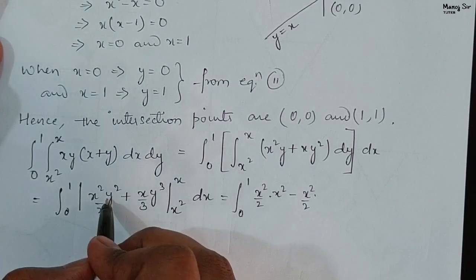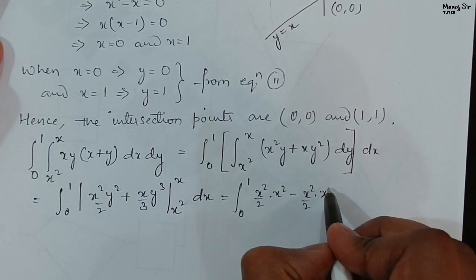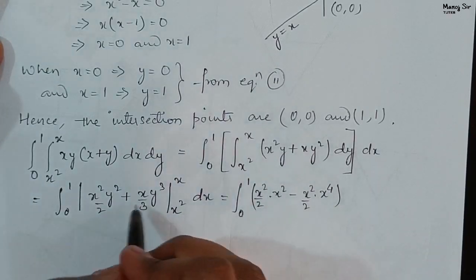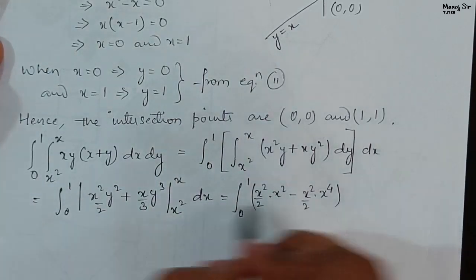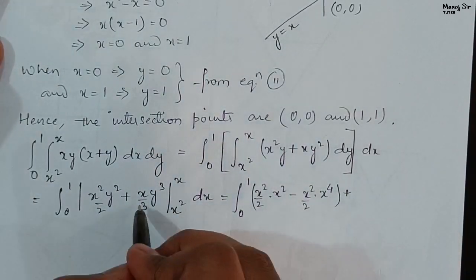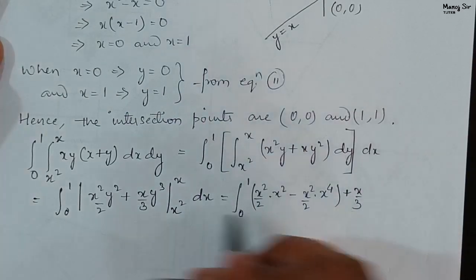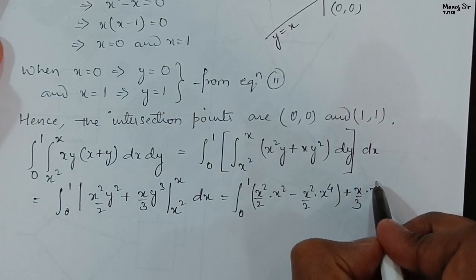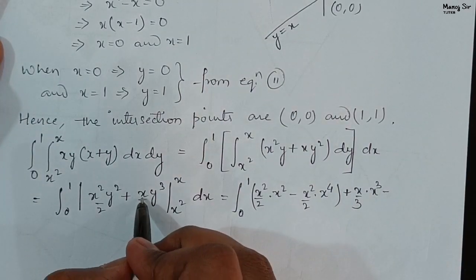But here we have y square, so this is going to be x to power 4. This is the limit of the first term. Now coming to the second term, plus x upon 3. In place of y we put the upper limit, that is x, so this is going to be x cube, minus x upon 3.